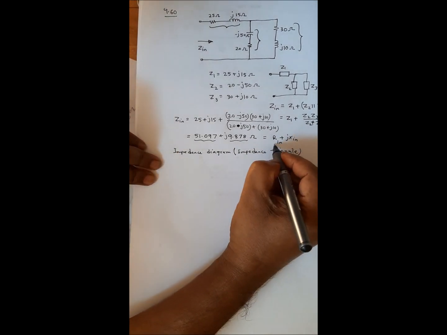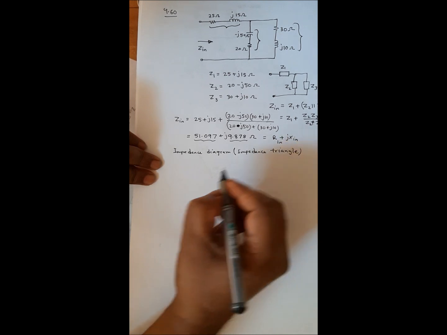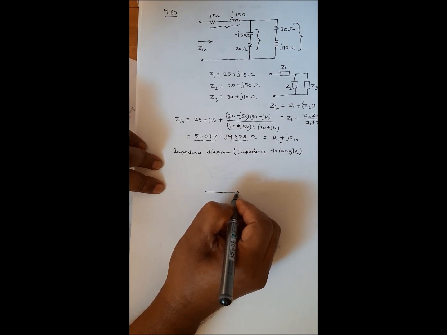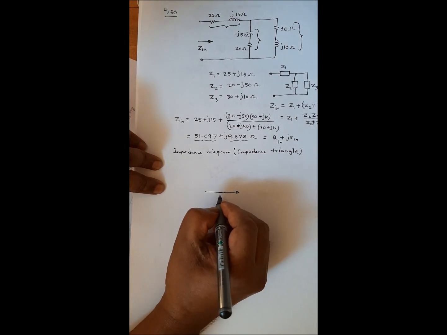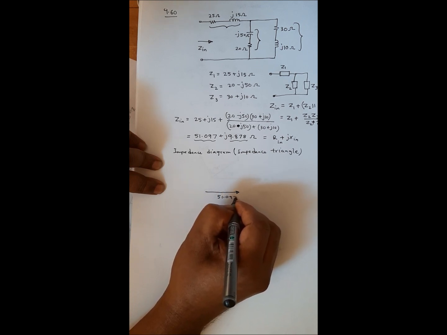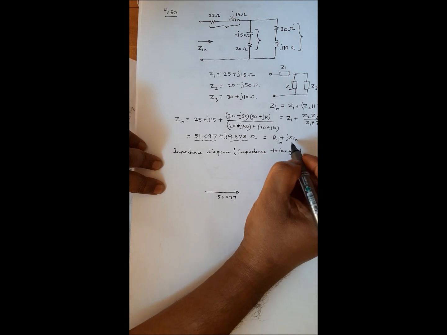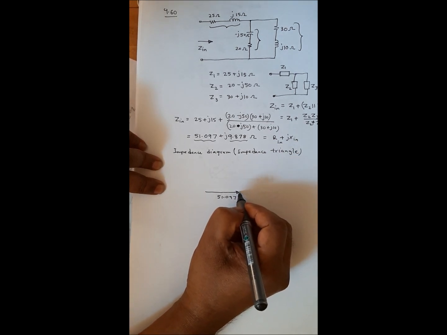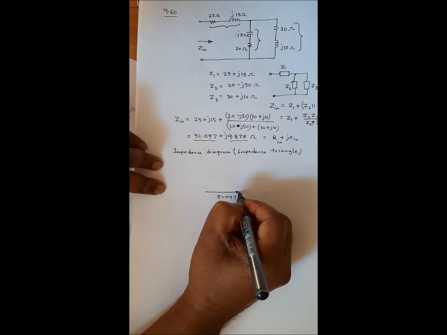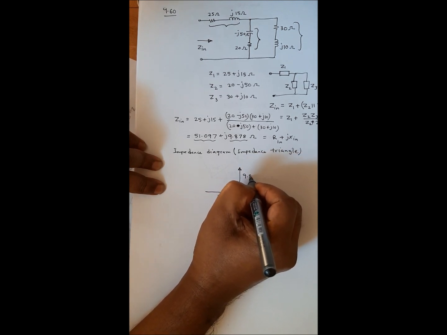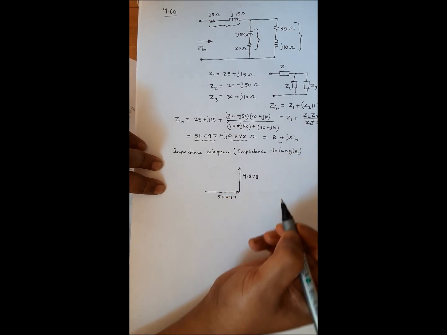Now on the real axis you have to show your R, and this value is 51.097, and you have to find the imaginary value. I prefer to draw it from the tip of this, and this is the imaginary axis in this way, and this value is 9.878 ohms.